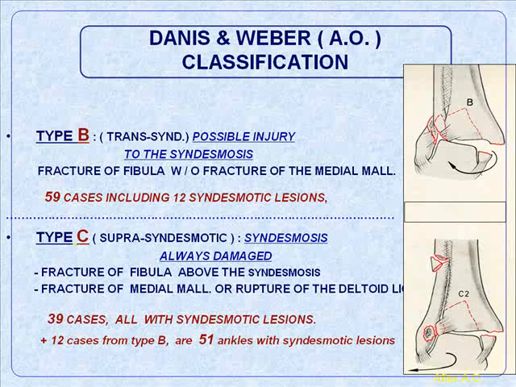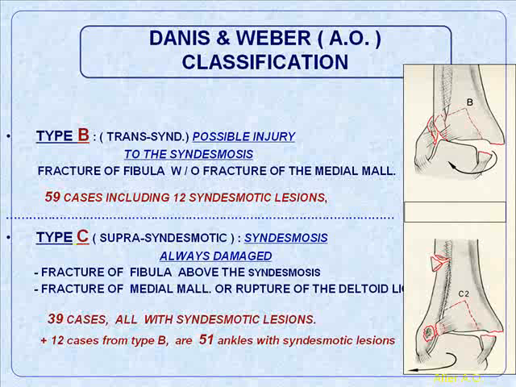We used the Danis-Weber AO classification, and we found type B and type C involved in our series: type B with 59 cases, including 12 syndesmotic lesions, and type C with 39 cases, all with syndesmotic lesions.